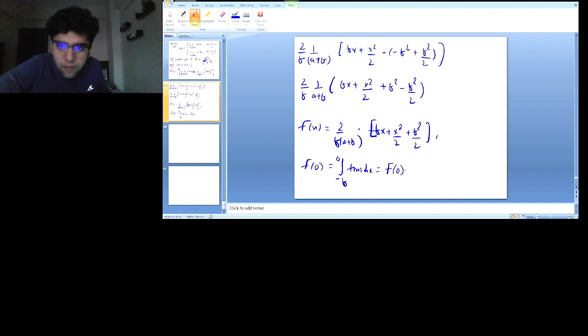So F(0) implies 2 upon b(a plus b) times b square by 2. 2 and 2 go away, b and b go away, this becomes b upon (a plus b).